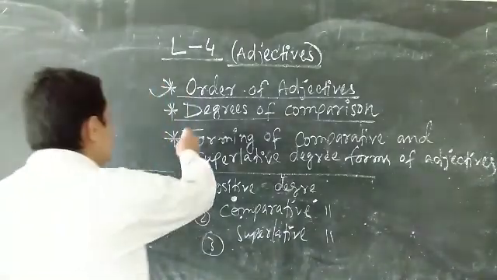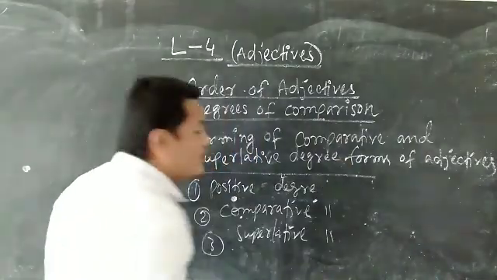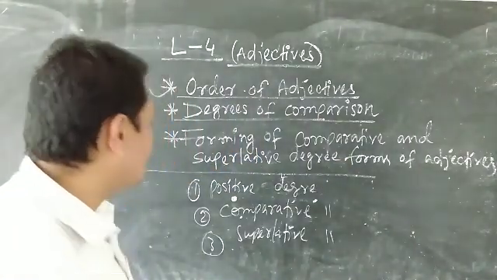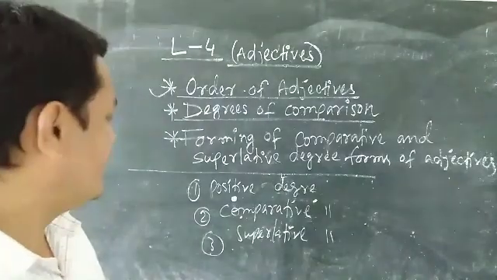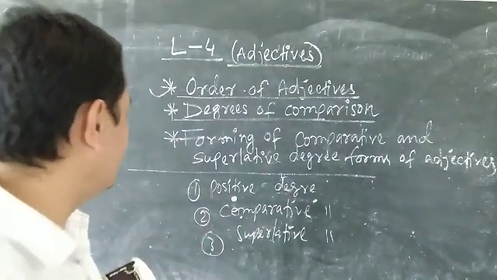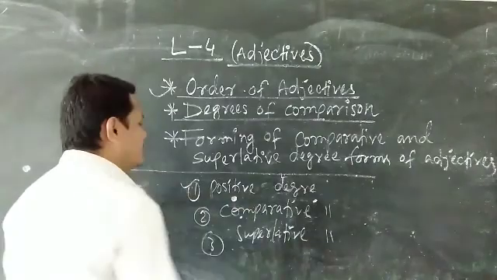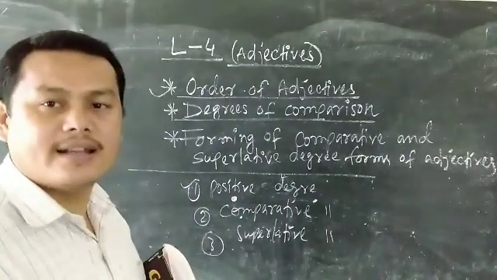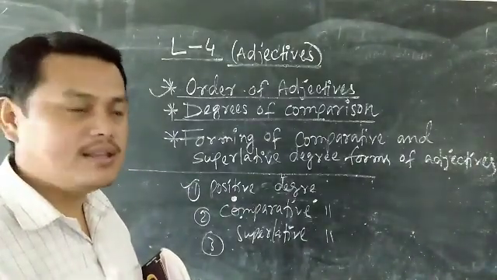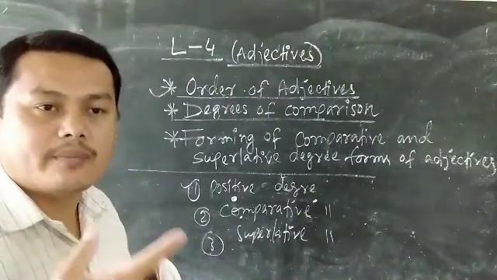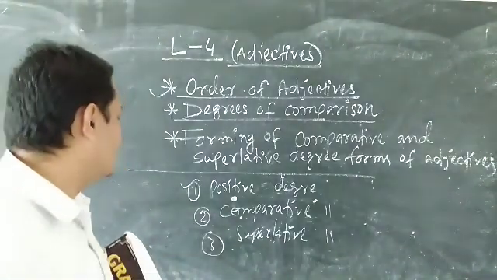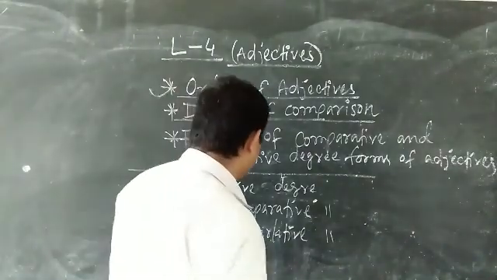So, in this point, degrees of comparison, we should know what is positive degree, what is comparative degree, and what is superlative degree. My dear students, positive degree means there is no comparison. When there is no comparison and the adjective is written alone just to refer to a single person or single thing, then that is positive degree.